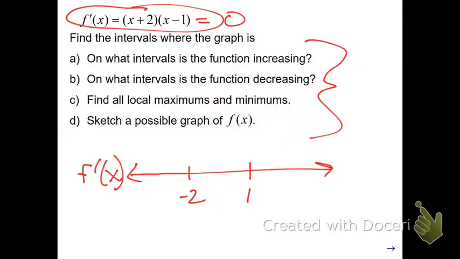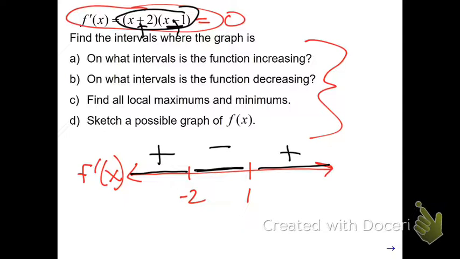Then we just need to figure out the value of my derivative in each region. To the left of -2, if I plug in -3, the first factor is negative and the second factor is negative, so that multiplies to a positive. If I plug in 0, my first factor is positive, my second factor is negative, so that gives me a negative. If I plug in +2, I get positive, positive.